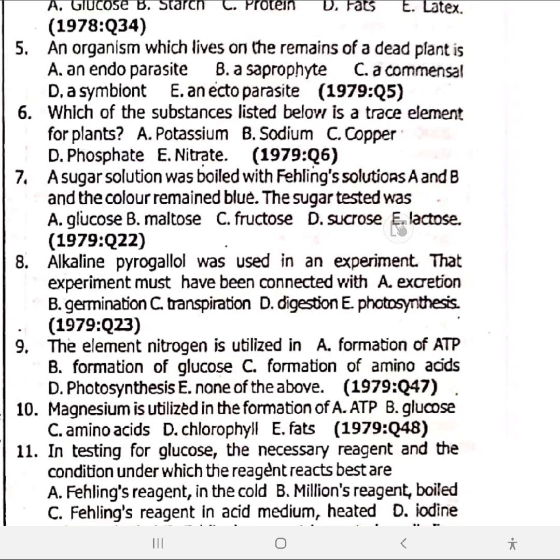The reason why sucrose is first warmed with hydrochloric acid to give a positive test with Fehling solution is because the acid hydrolyzes, spelled H-Y-D-R-O-L-Y-S-E-S, sucrose to simple sugars, glucose and fructose, which then gives a positive test with Fehling's solution.